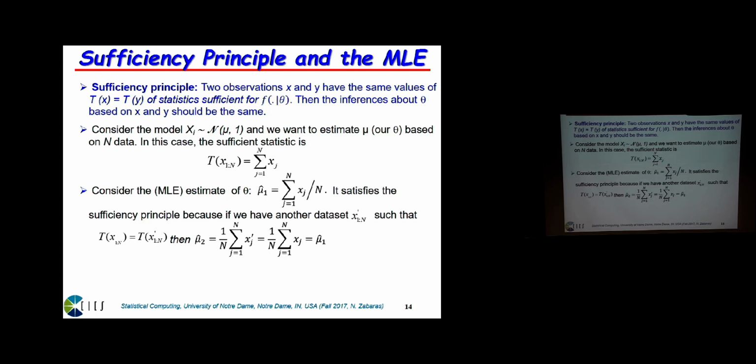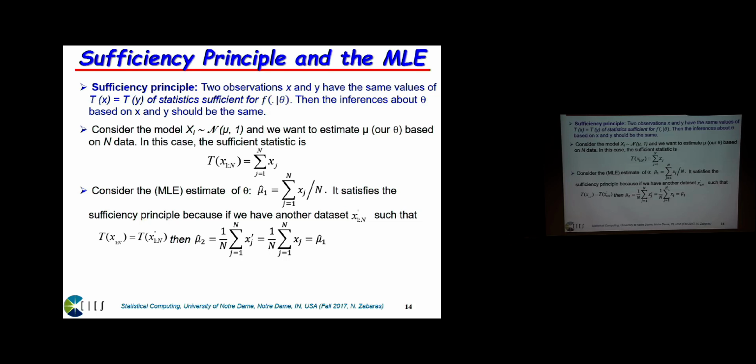So if somebody tells you, you collect some data xj and some data xj prime, and this summation is equal to the summation of xj prime, then the MLE estimate needs to be the same, which is no problem, because remember the MLE estimate for the Gaussian is the sample mean. So you have this divided by n, and obviously this divided by n is the same as the summation of xj prime divided by n. So the two estimates are the same.